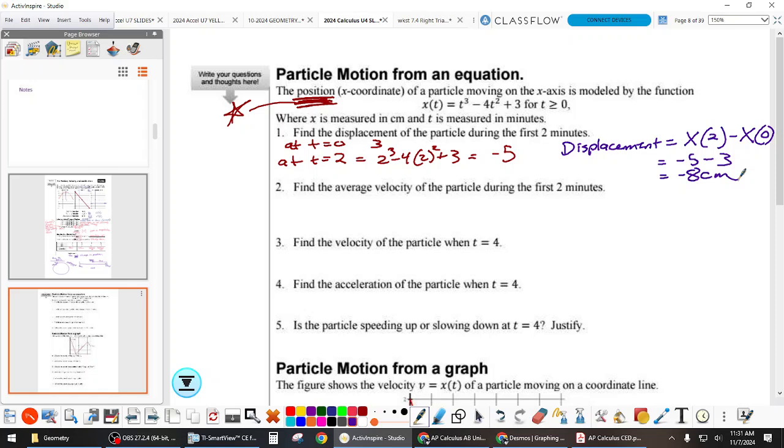Go ahead. Isn't displacement always absolute value? Because your displacement is your total distance from where you started, whether it be positive or negative. So we do need to put a sign, because if you think about moving along the x-axis, we could end up left of 0 versus right of 0. Okay.